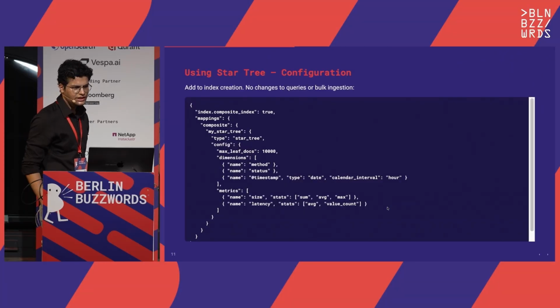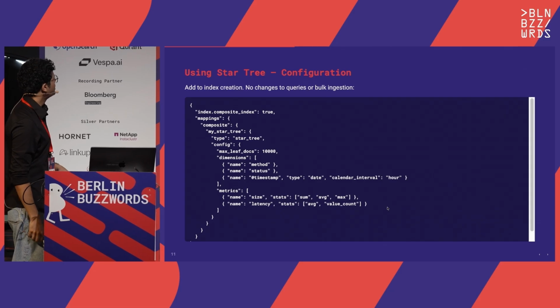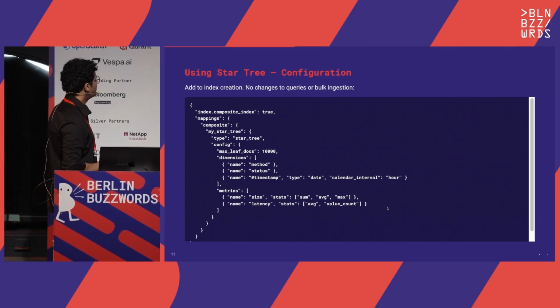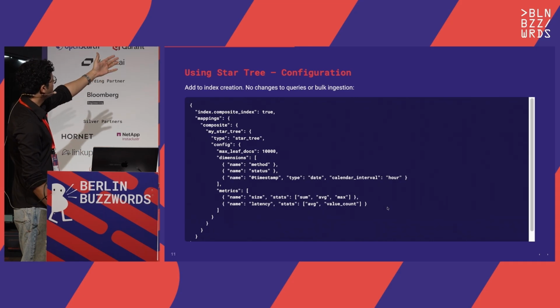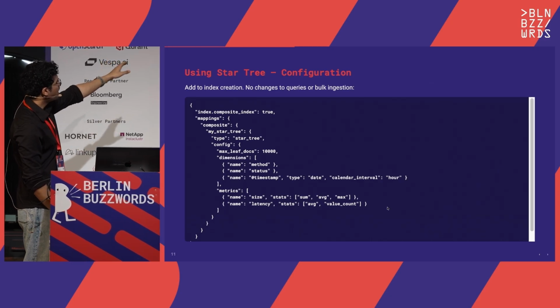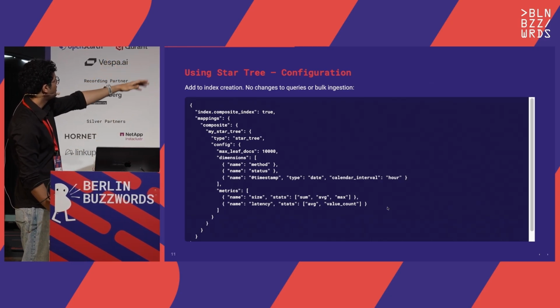Okay, using star tree is very simple. We just have to add the configurations, the dimensions and the metrics, in the composite config. Dimensions are the things that we want to filter or group by. In this case, these are method, status, and timestamp rounded to the hour.